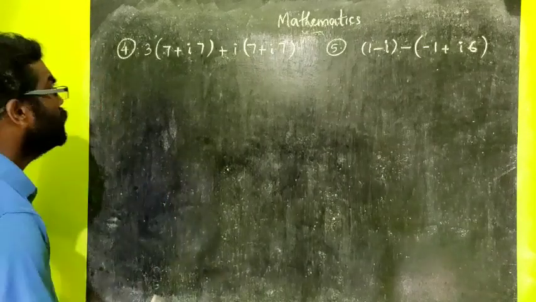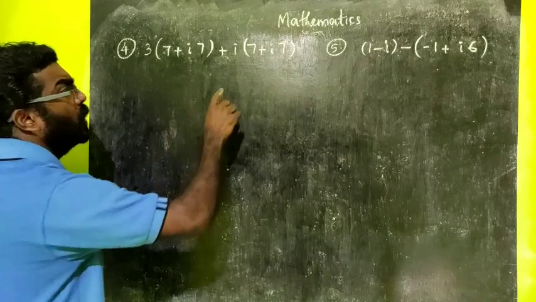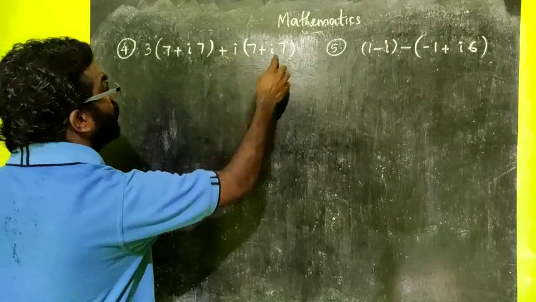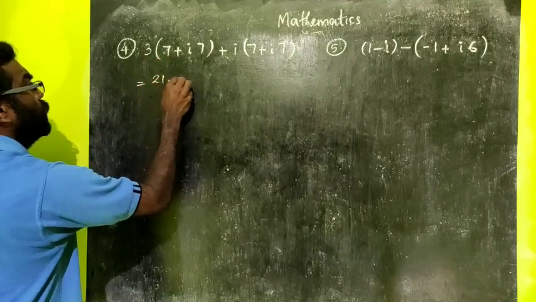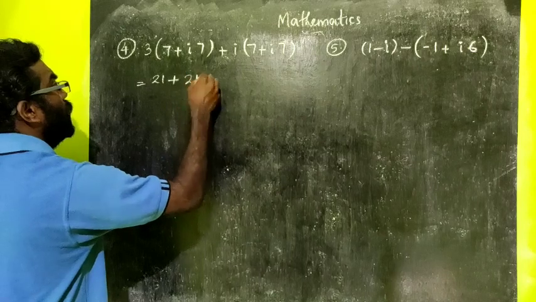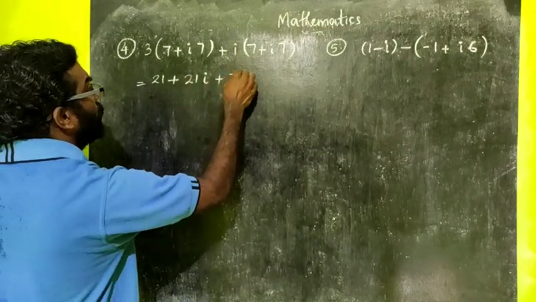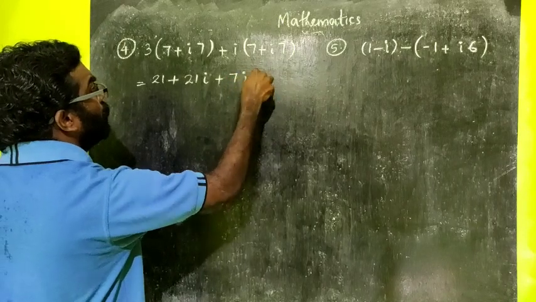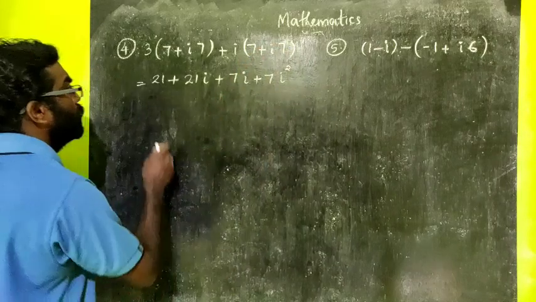Here the next question is 3 into 7 plus i7, plus i into 7 plus i7. Here we can multiply. 3 7s are 21, 21 plus 3 into i7, that is 21i. Then plus here i into 7, 7i. Then plus i into i7, that is 7i square.